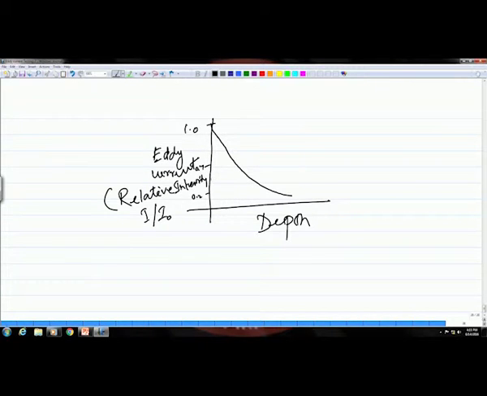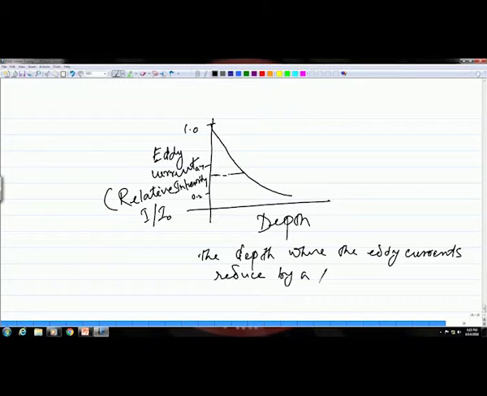Okay. And there is a depth somewhere here, where the eddy currents reduce by a factor of 1 by E, which comes to around 37%, or 36.8% to be exact.